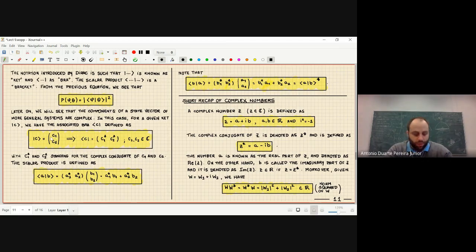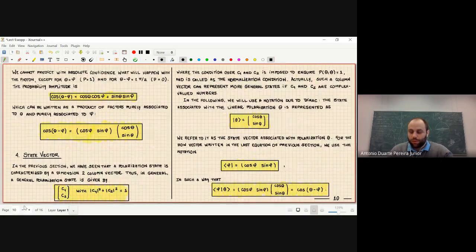And this is very important. You see that C1 and C2 belong to the complex numbers. So if you want to compute the bra associated with this ket, you transpose and take the complex conjugate. You can take this as a general rule because, of course, if you take the complex conjugate of real numbers, this is the same as the real number itself.